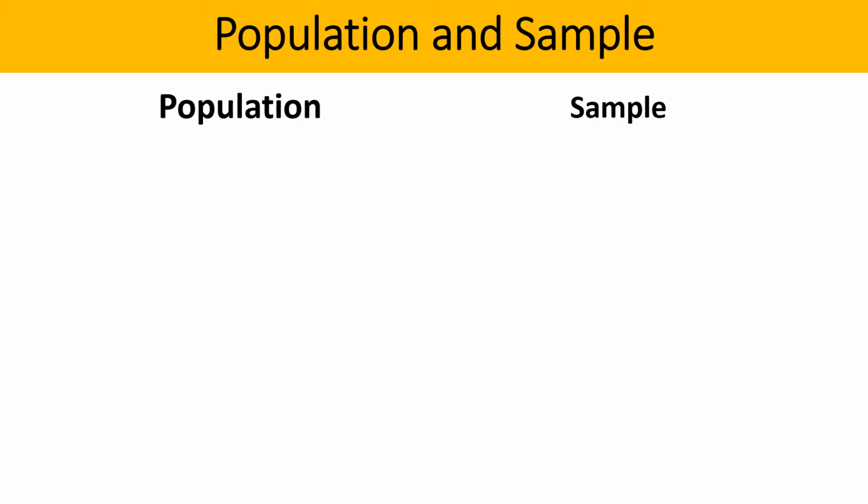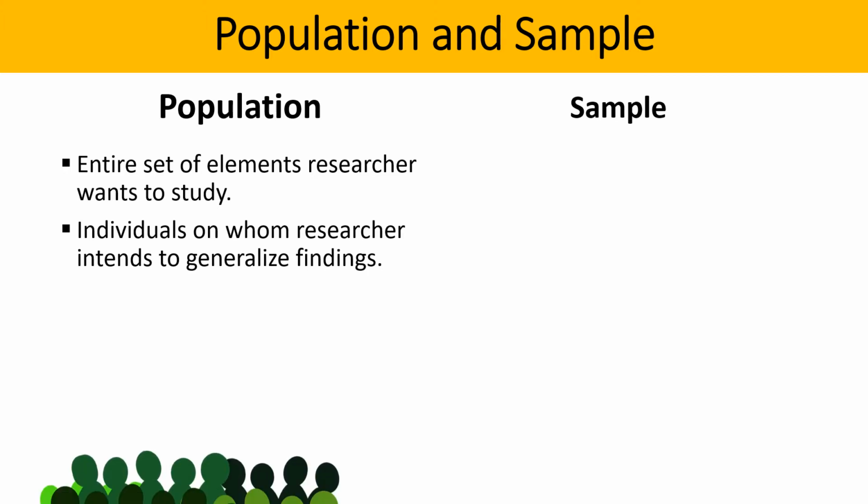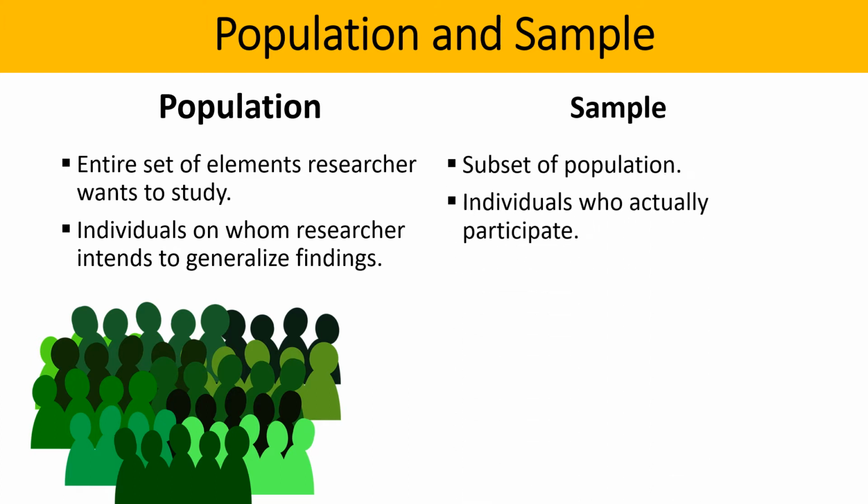So what is population? The entire set of elements the researcher wants to study, or you can say the individuals on whom the researcher intends to generalize findings. In this example, all the adult residents of the city are our population. Then what is a sample? A subset of the population, or you can say the individuals who actually participate.